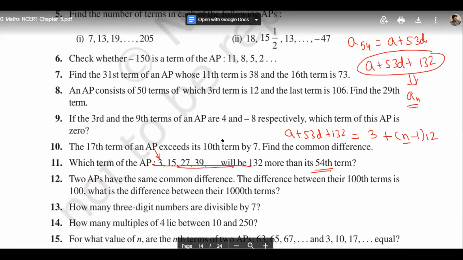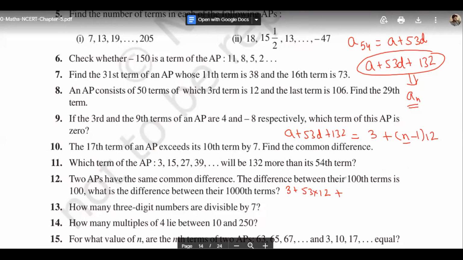Okay, so you can do this one. You can write here that this term, you can calculate that this is 3 plus 53 into 12, or you can simply solve it here.